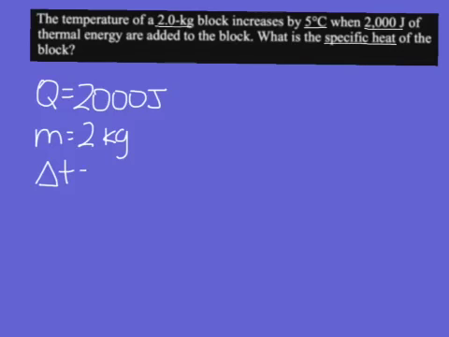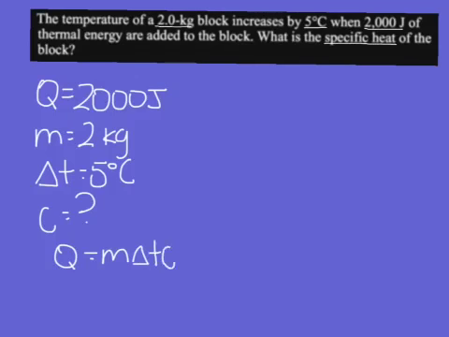The change in temperature is 5 degrees Celsius, and then C, which is specific heat, is what we do not know and what we want to find. So that means we need to change our formula. And how do we find that? Well, I'll tell you.